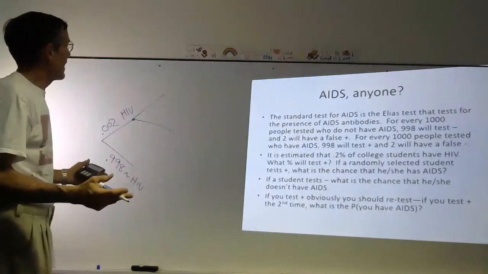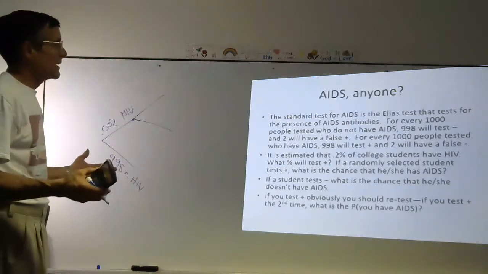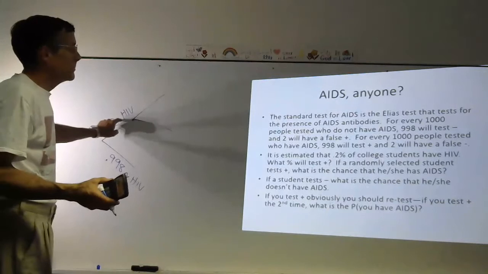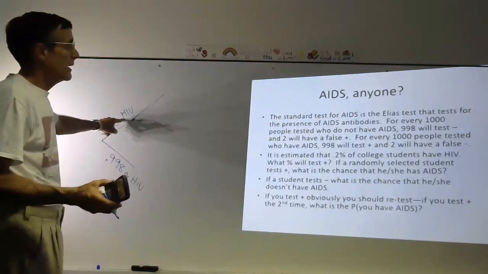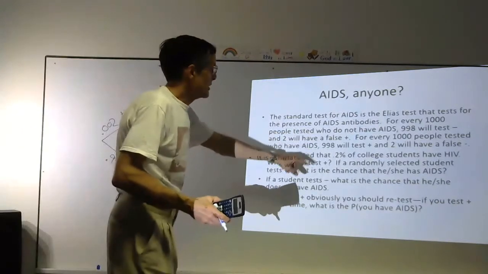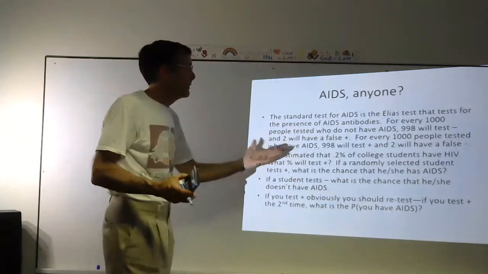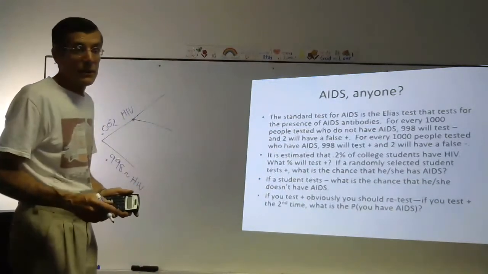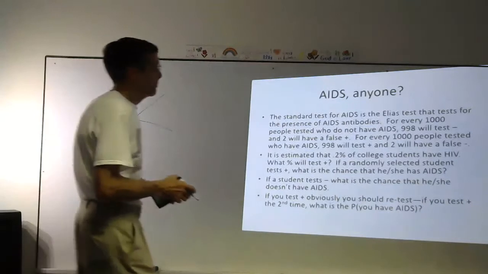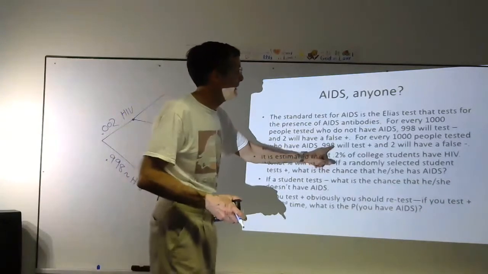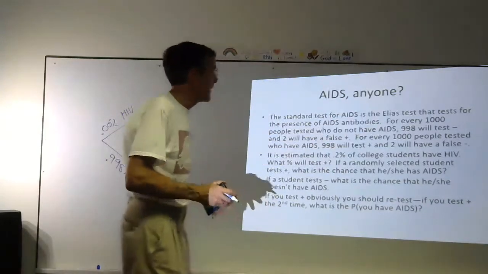When you take the test, it is very accurate. Okay? Those people that have AIDS, all right, the percentage that's going to test positive would be 0.998. Okay? So for people tested who have AIDS, 998 will test positive out of 1,000.